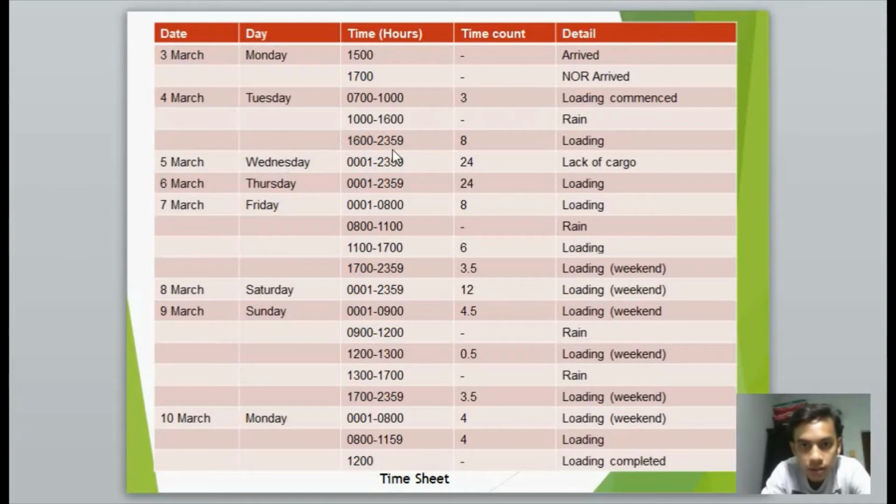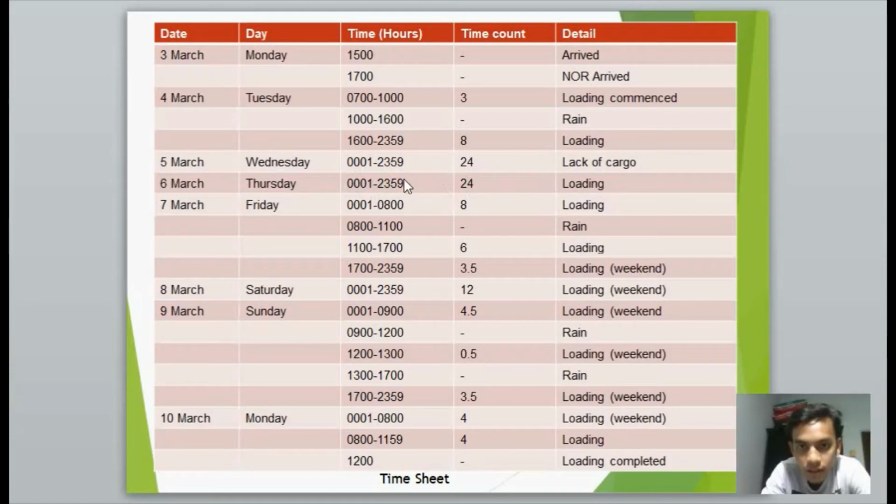On the next day, it stated that the port is lacking cargo. So that means it is not the ship owner's fault, but the port authority's fault, and that means the laytime is still counted. On the 6th of March, the loading continued one full day because there was no rain.